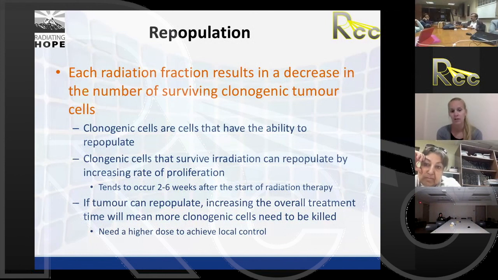What clonogenic cells can do is, once they've been irradiated over a period of time, they can actually start to increase the rate that they divide and multiply, so increasing the rate of proliferation.